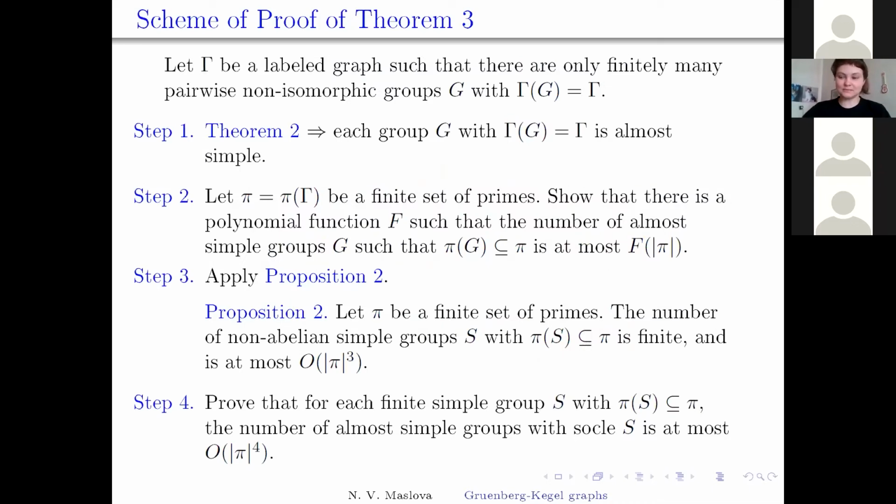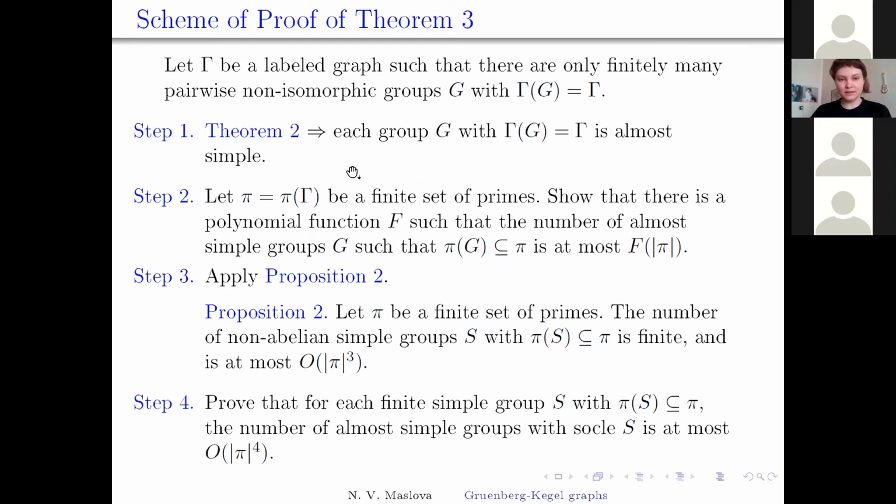Let us prove this theorem. Take gamma to be a labeled graph, and let us assume that there are only finitely many groups whose Gruenberg-Kegel graphs coincide with gamma. From theorem 2, we know that each group G with this property is forced to be almost simple.